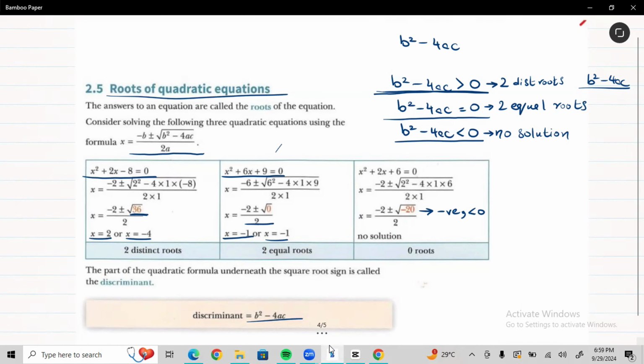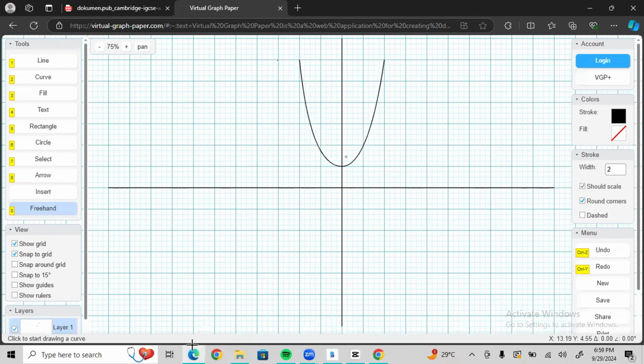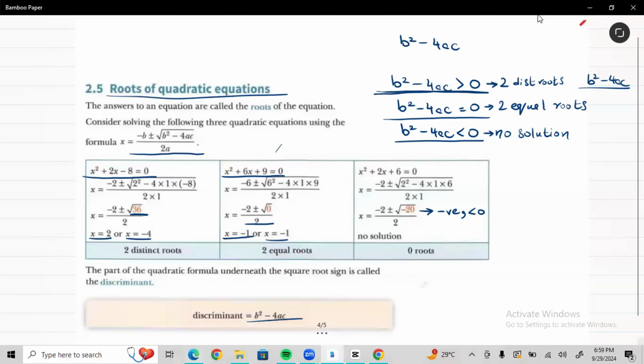And if the discriminant is lesser than 0, or we can say it is a negative value, we say it's not going to have any solution, as the parabola is not at all touching the x-axis. So that's it. This is just a summary of the concept in this exercise.